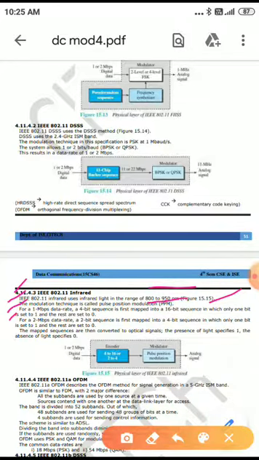Next, for 1 Mbps data rate, a 4-bit sequence is first mapped into a 16-bit sequence in which only 1 bit is set to 1 and the rest are set to 0.